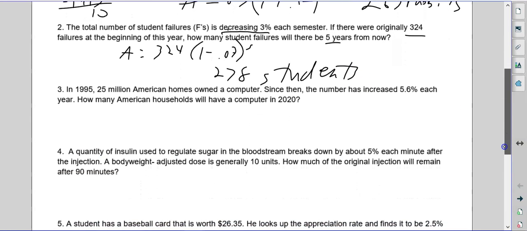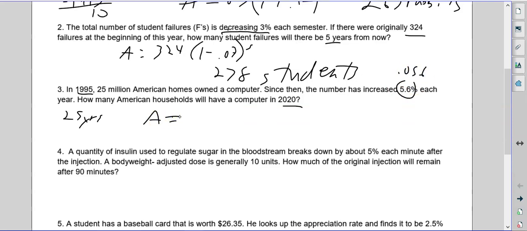Number 3. Again, we're going to have to do a subtraction problem. So that's going to be 25 years. All right. Here's our number. Remember, we're going to move it twice. So 0.056. Here's our starting number, 25 million. Now, we're not going to put million. We're just going to put 25 and say our answer in terms of millions.